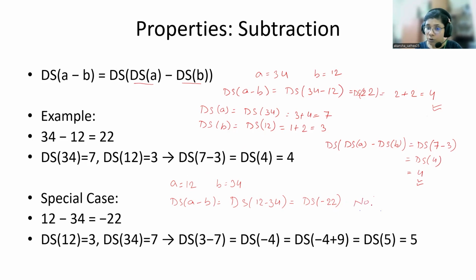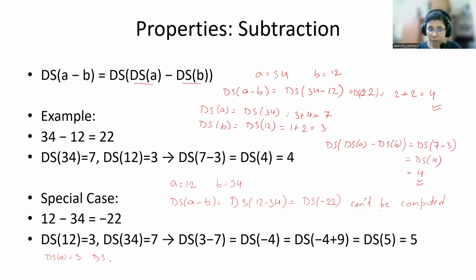So it cannot be computed, because you cannot compute digit sum of a negative number. However, you can still use this rule. Digit sum of 12 is 3, which we have already computed, so digit sum of A is 3.